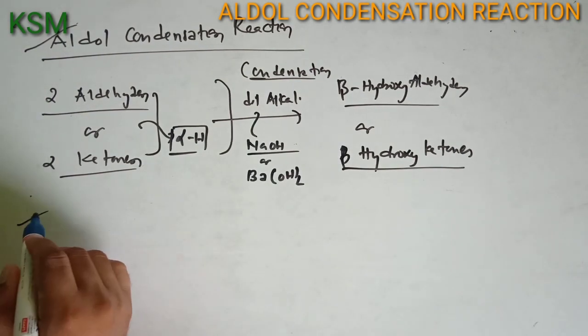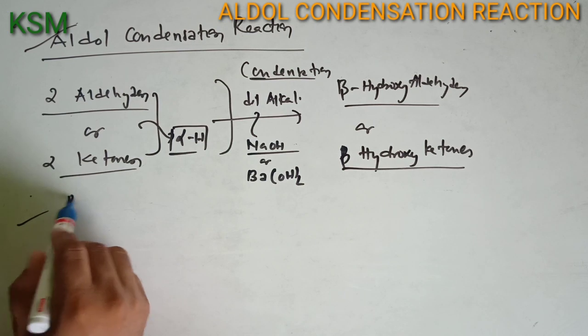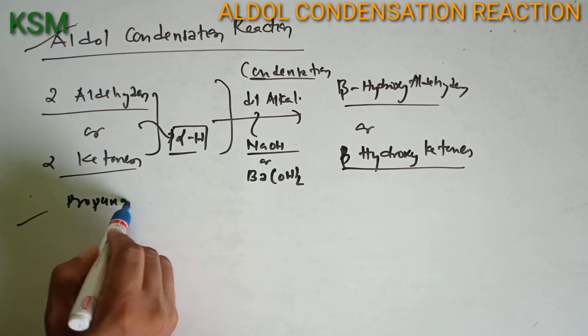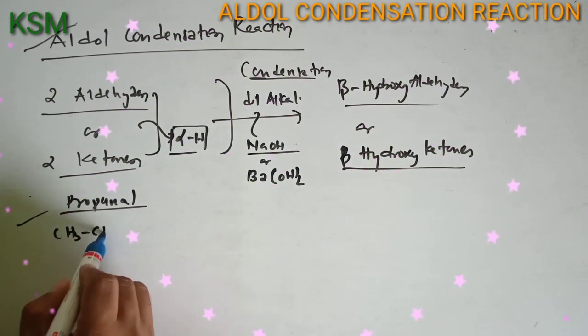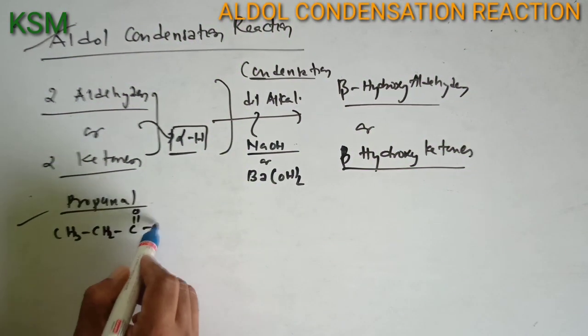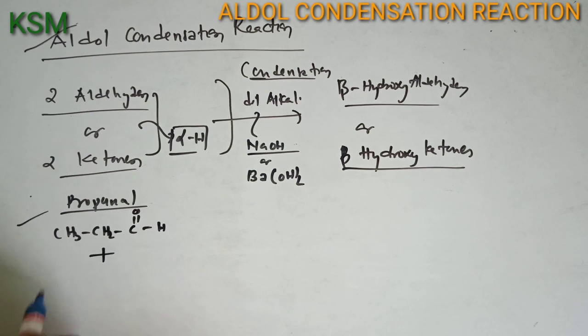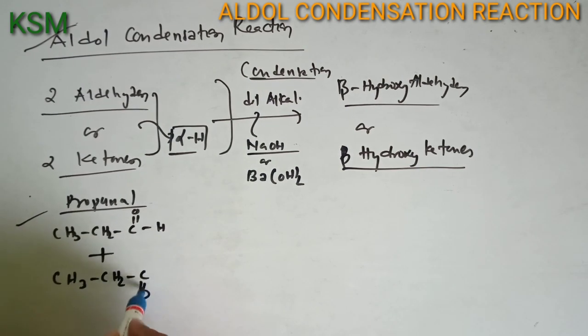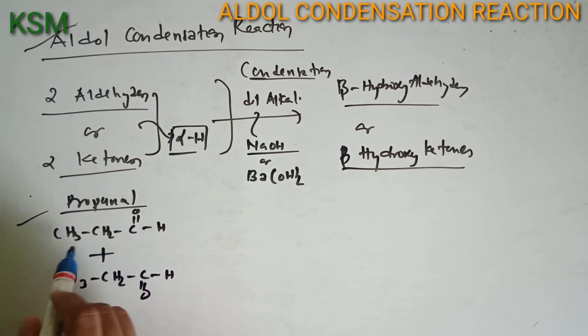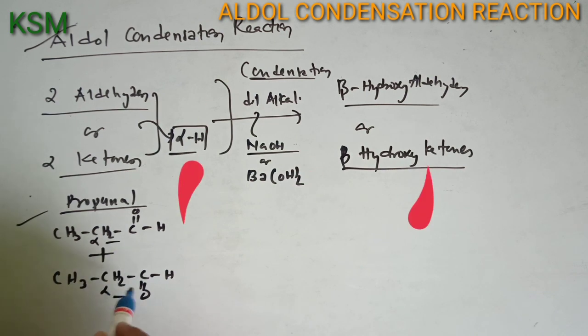Let's see another example where I am taking propanal, which is an aldehyde. The formula of propanal will be CH3CH2C double bond OH. Another molecule of propanal is written as CH3CH2C double bond OH. In both the cases we can see this is alpha carbon, this one is also alpha carbon. So both are having the presence of alpha hydrogen atoms.